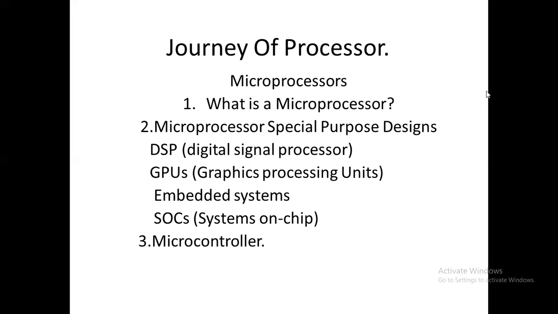Now we'll discuss the definition as far as the technical aspect is concerned. An alternative name of the microprocessor is CPU or logic chip. In a computer, it works like a brain by incorporating the function of a single integrated circuit or a central processing unit. It is a programmable device used for multiple purposes.